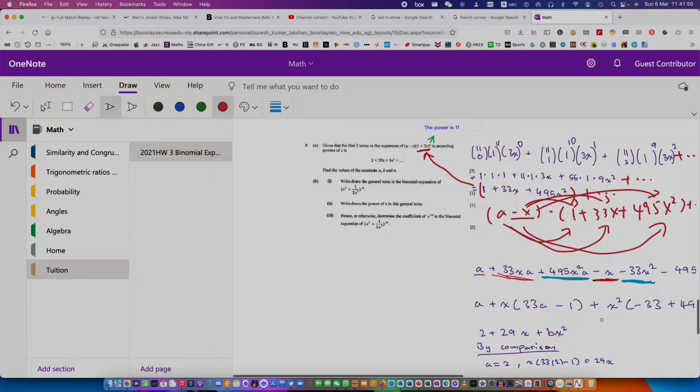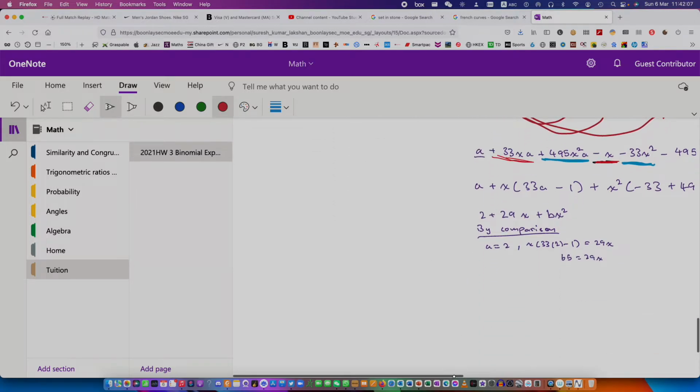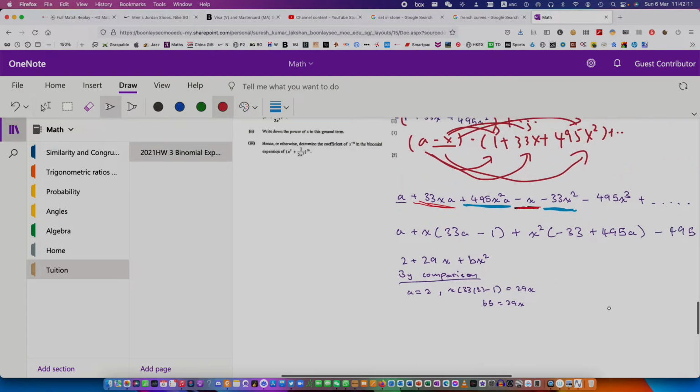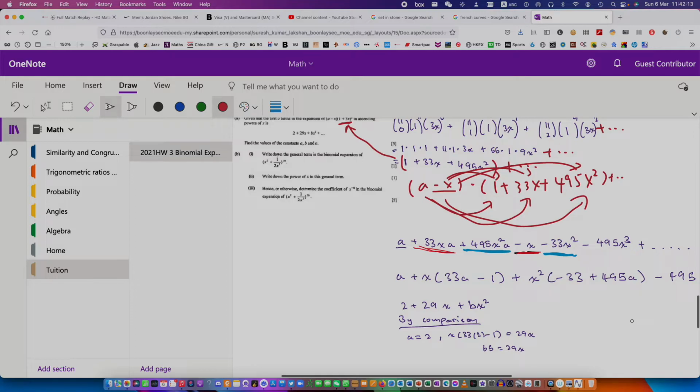So far so good. Then, okay, never mind. I'm not too sure whether the power is 11 in this case, but that's the approach to solve this kind of question.